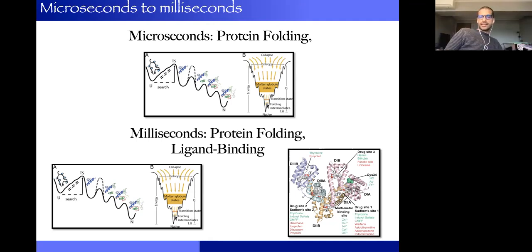It's just some generic order parameter, for example the radius of gyration of a protein, of a polymer, or the number of contacts. It's just a measure of how folded or unfolded the protein is.